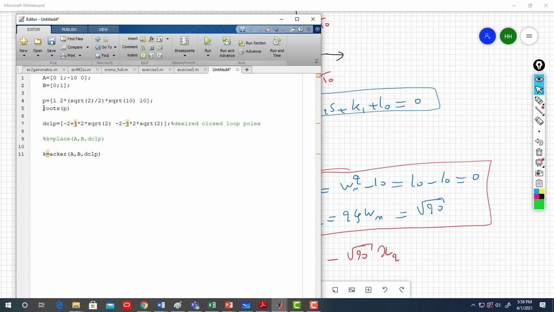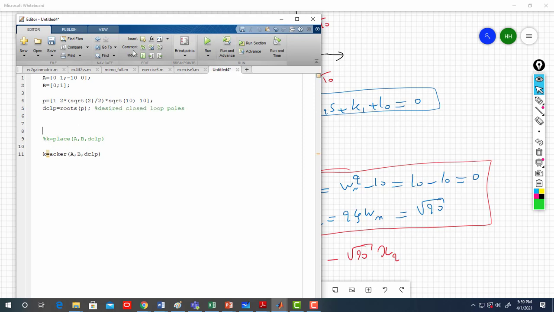So you can do it directly this way: desired closed loop pole equals roots of P. Simple as that. Then I don't need this one anymore. And for this exercise, that's how to do it.